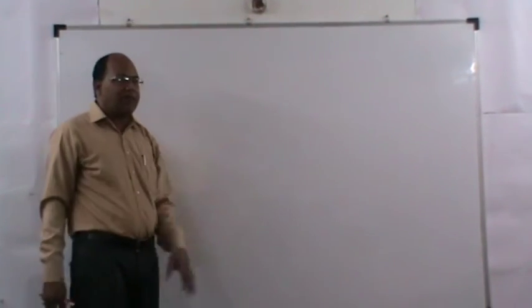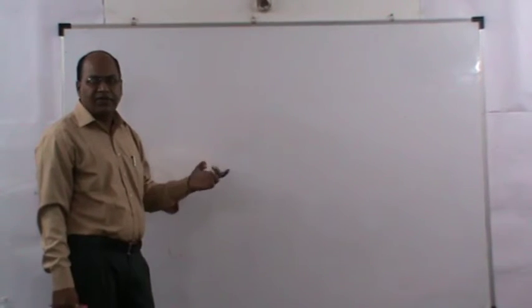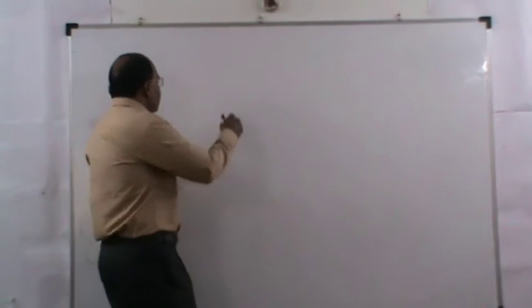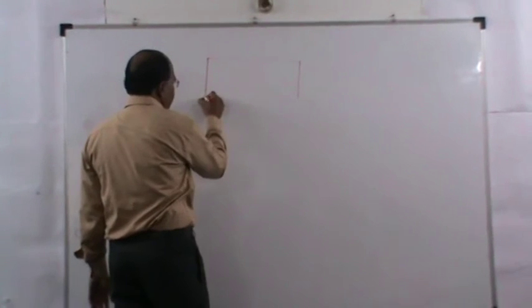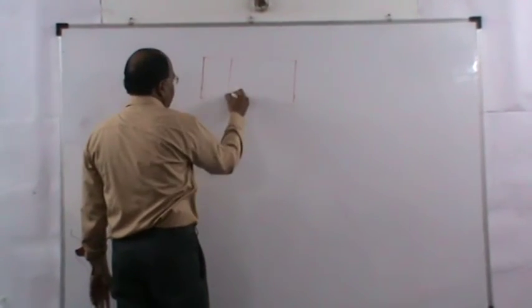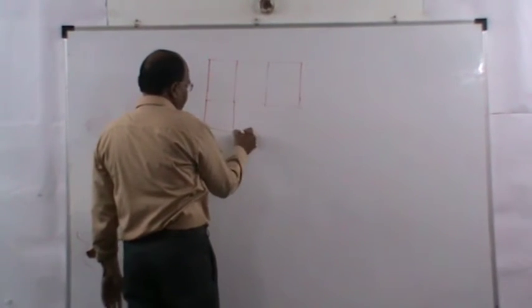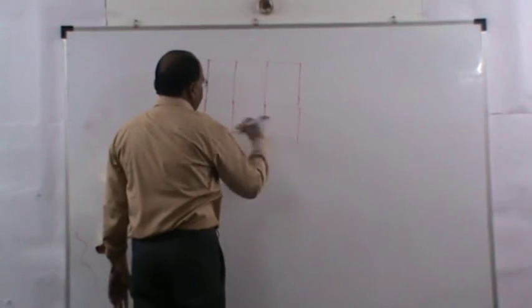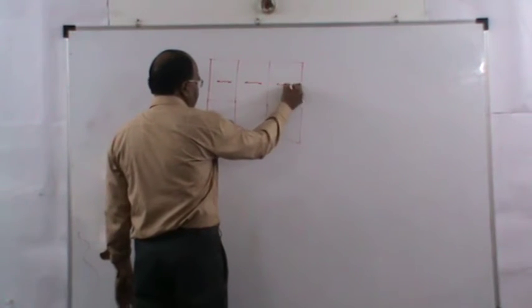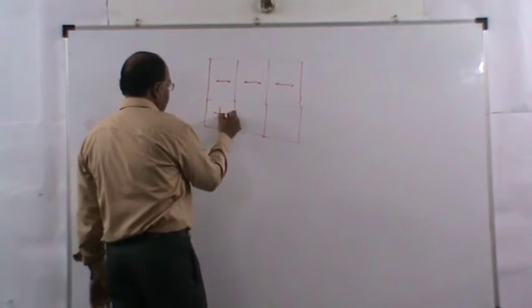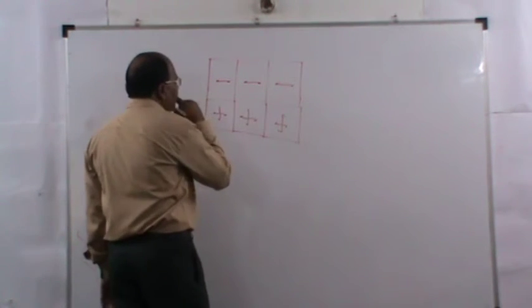Now I am drawing a certain plan. Tell me which one is T beam and which one is L beam, which one is the rectangle. Now the plan of a certain building is like this. Now I am naming the beams.